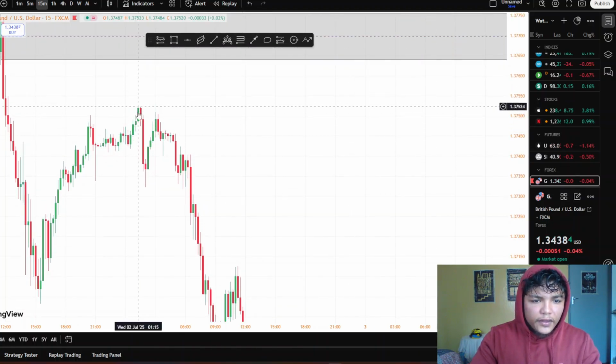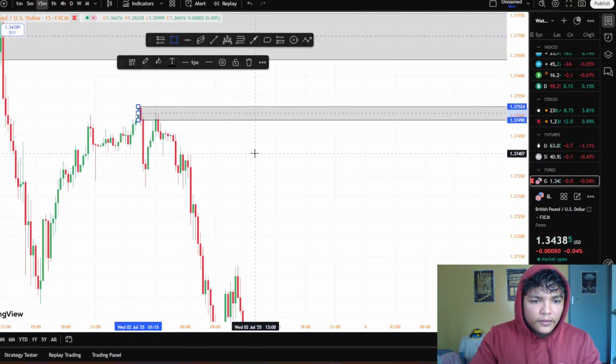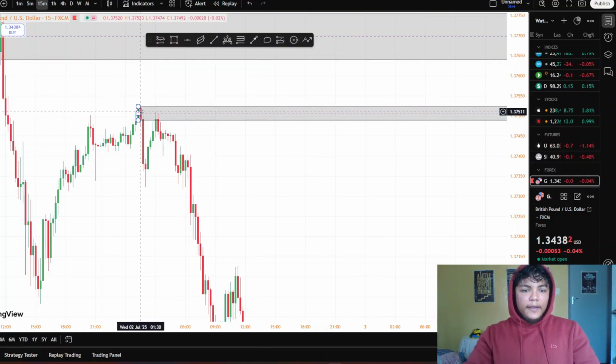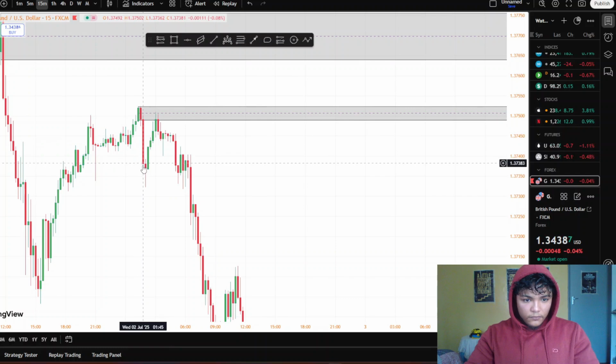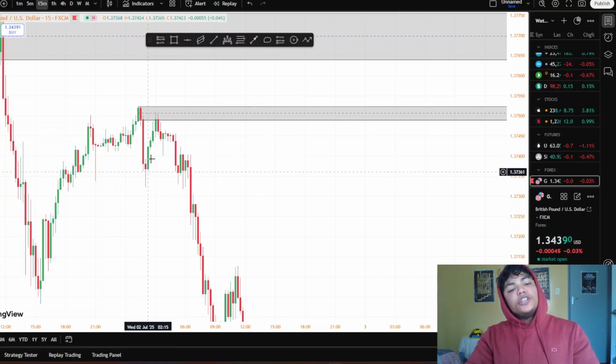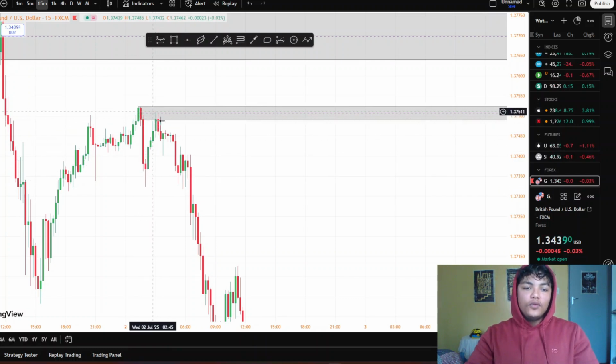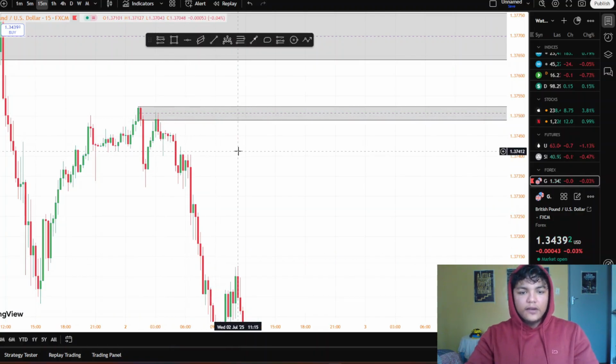As you can see, an opposing candlestick with a big push to the downside. The market created this order block, came down, and then got pushed up to retest this order block. And now it's heading down again.